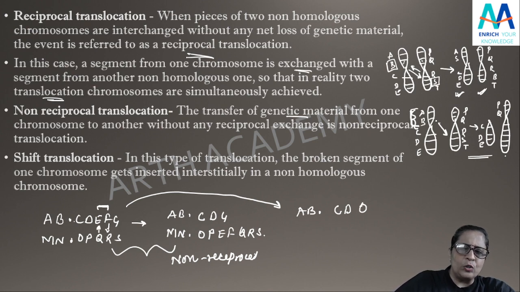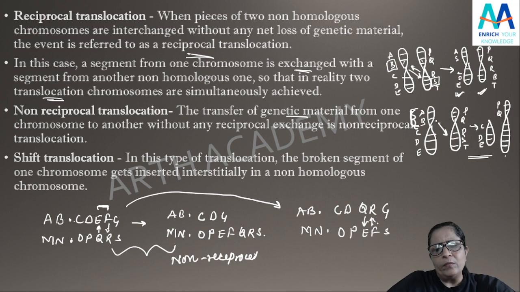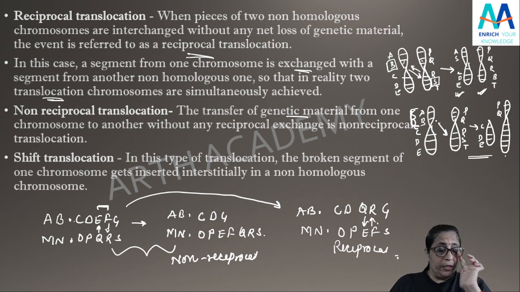So here suppose Q, R, G, Q, R आ गया, C, D, Q, R and G, and in this case you can see M, N, O, P, E, F, S. So both are giving to each other, इसने इसको दिया, इसको इसने दिया. So this is what is called as a reciprocal translocation. I hope this is also very much clear what is reciprocal translocation and what is non-reciprocal translocation.